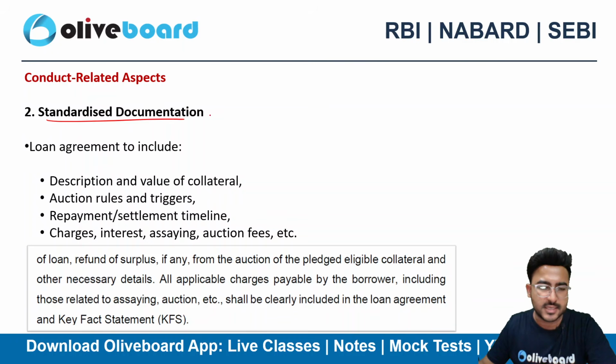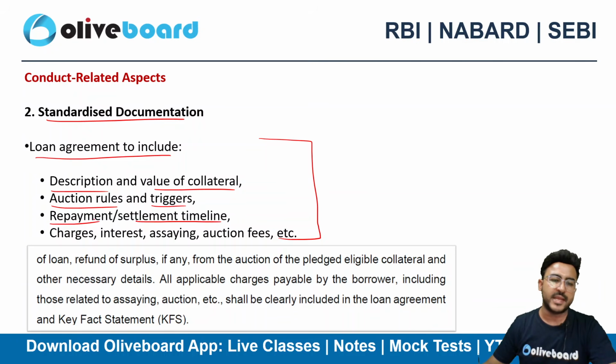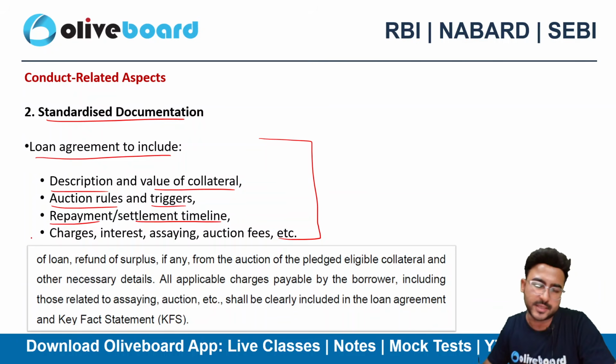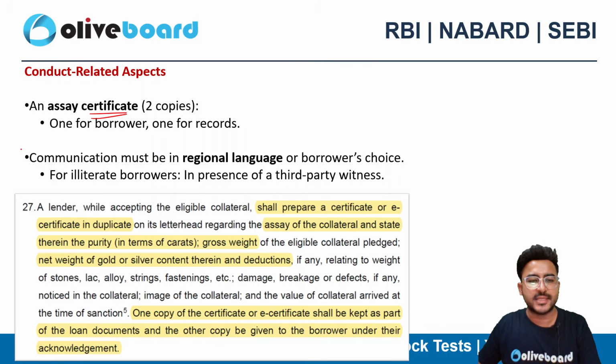Documentation should be very standardized in nature. The loan agreement needs to include everything related to the description, value of the collateral, auction rules, triggers, repayment, and settlement timelines, right? Everything should be there. There should be a certificate as well which describes the purity.